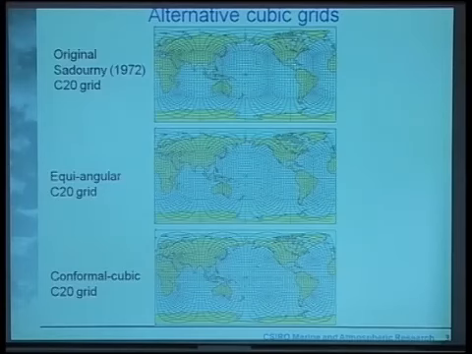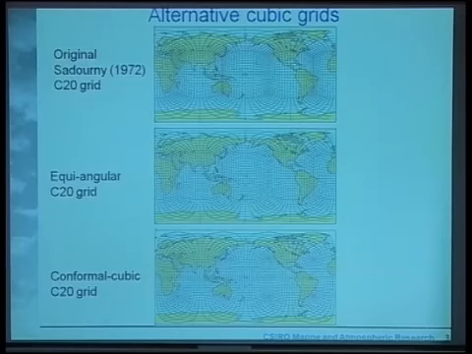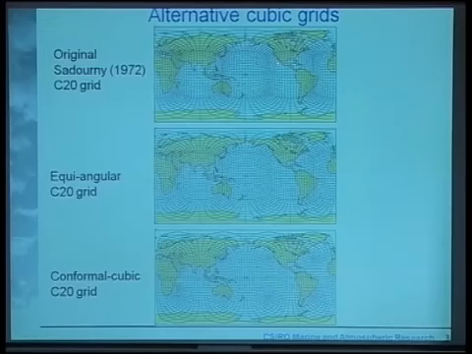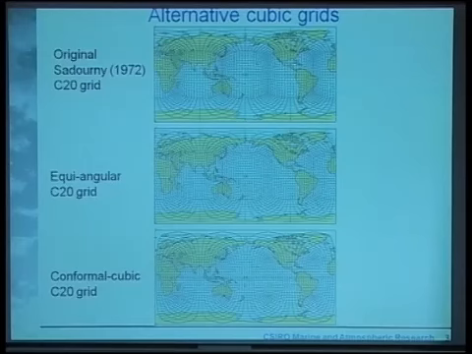Okay, so Sadourny back in 1972 came up with the idea of putting a grid on a cube and then projecting it to the centre of the sphere, and that's the original cube sphere grid. He had just an equally spaced grid on the face of the cube, and that's better than a lat-long grid, but it does get a bit crowded near the panel edges because of that projection from further off the sphere.